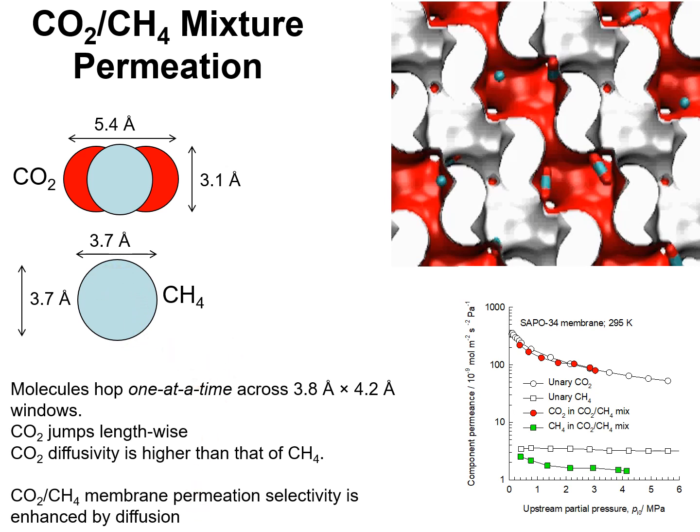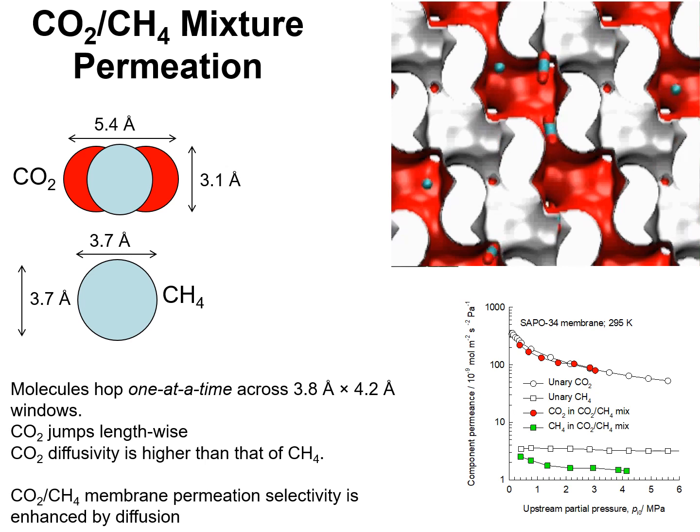And the diffusivity of CO2 in Chabazite is significantly higher than the diffusivity of methane because CO2 can jump lengthwise from one cage to the adjacent cage as observed here.